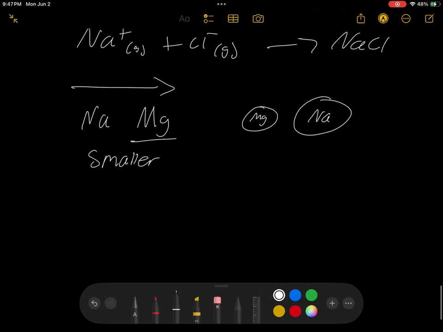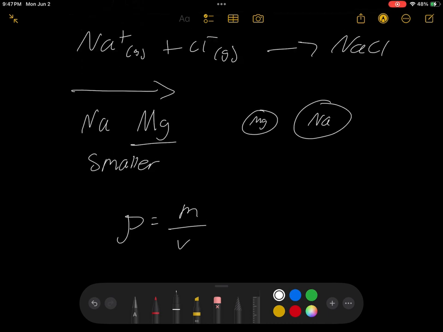So you can think about it like this. We all know density, or I guess rho is the symbol for density. Density is mass per unit volume, right? So we can kind of think of charge density as charge per unit volume, right? So for magnesium, our charge value is higher because it's 2+, and our volume is smaller because it has a smaller radius, right?